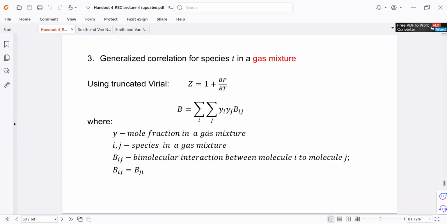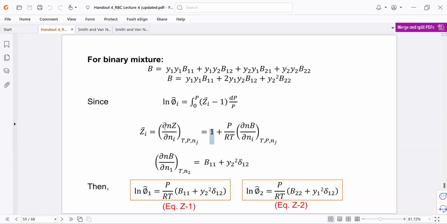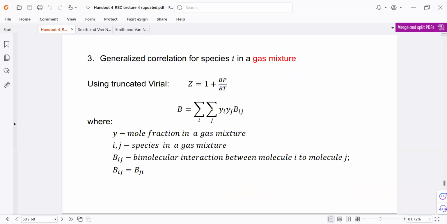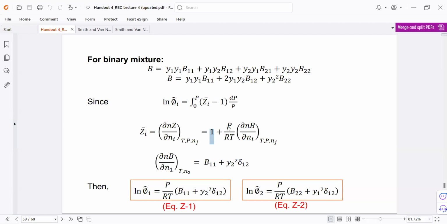Remember, z minus 1 is equal to, z is equal to 1 plus BP/RT. So we're just simply expressing this equation in terms of partial molar property. If we want to express that in partial molar property, then our B should also be expressed as a partial molar property. So the next equation just gives an evaluation of this one.